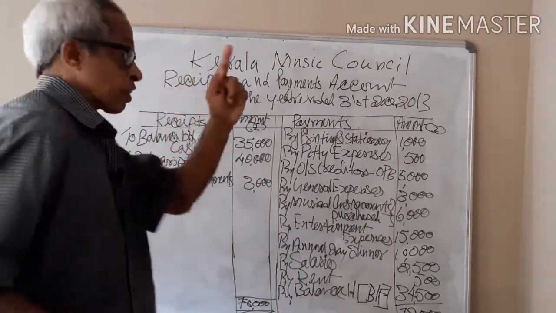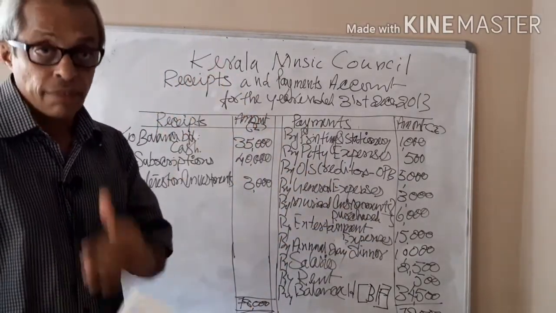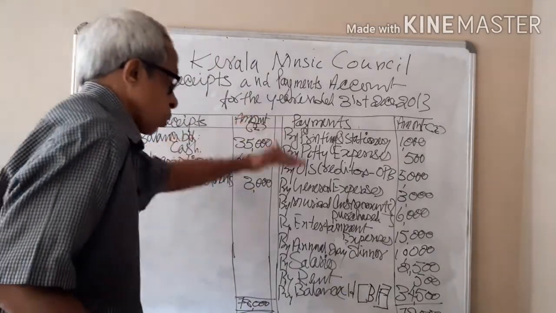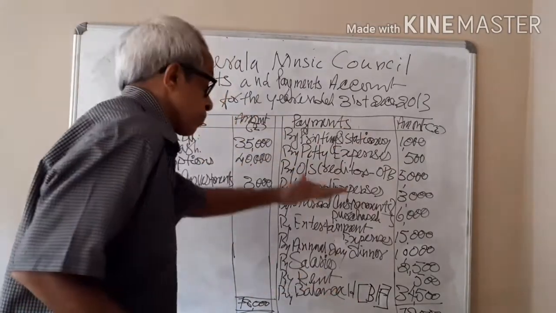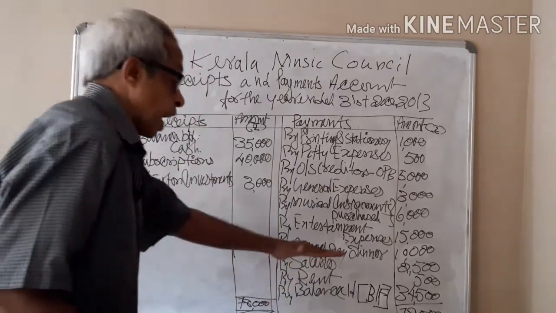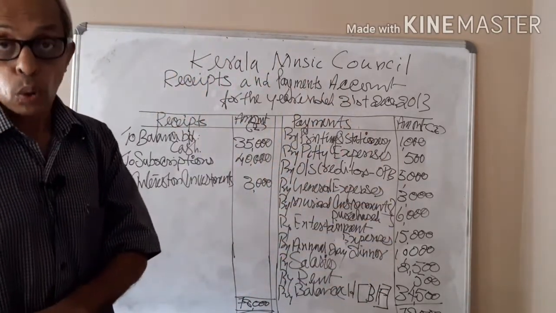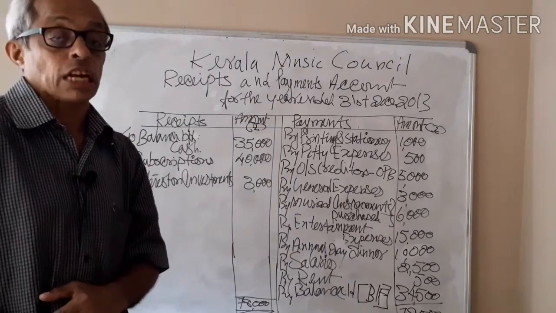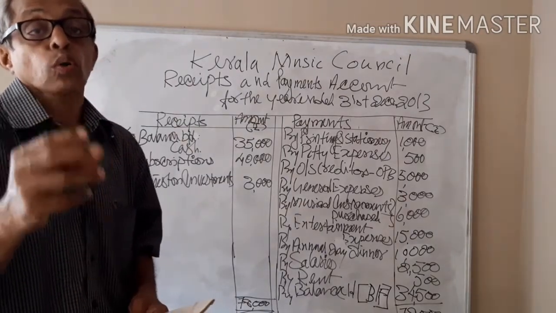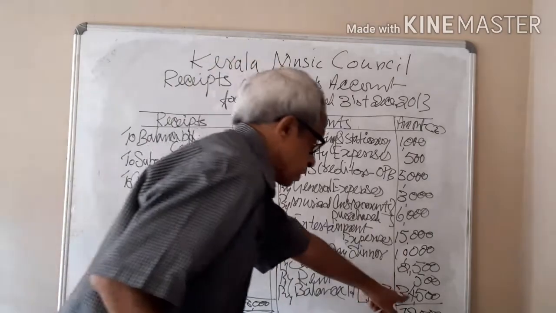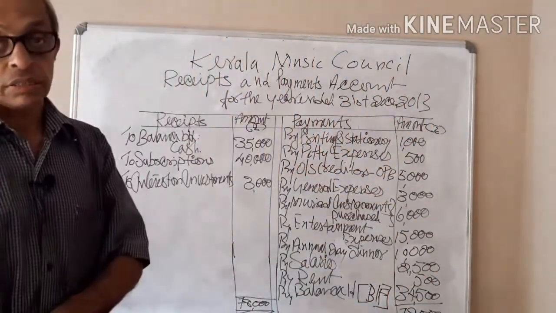Since the receipts and payments account is not given in the question, we prepared it and found the closing cash balance, that is 34,500.